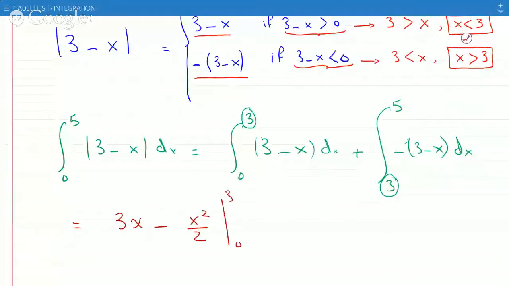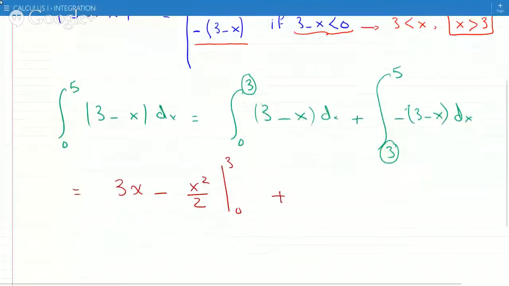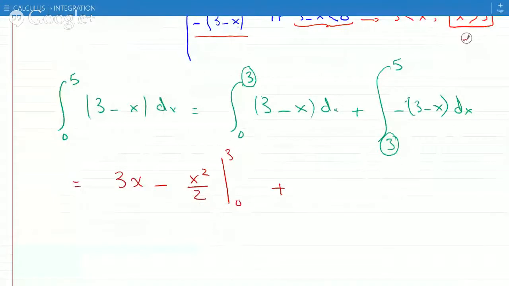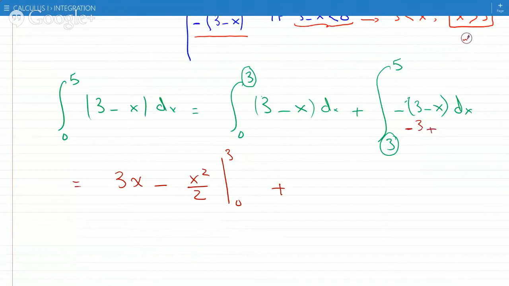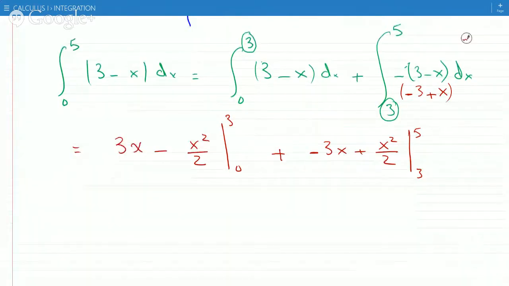The integral of 3 minus x is 3x minus x squared over 2, and we will evaluate this from 0 to 3, plus, here we have a minus, so we can distribute this minus sign in: minus 3 plus x. In the same way, we can integrate. Minus 3 becomes minus 3x, and plus x becomes x squared over 2. And we will evaluate this from 3 to 5.